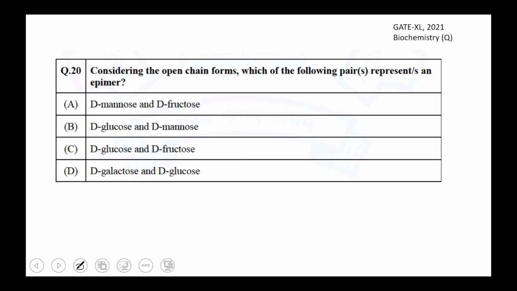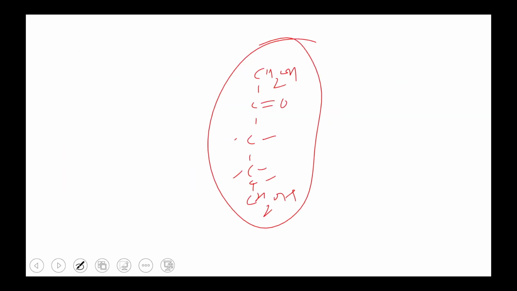In the question, it has been asked about epimers. So what is an epimer? Epimer means the composition and chemical formula remain the same, only there are rearrangements of the atoms. In the glucose case, there are rearrangements of the hydroxyl and hydrogen moieties. There will be rearrangement of these two functional groups.